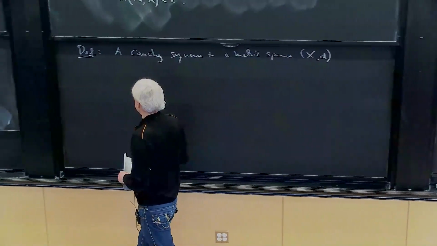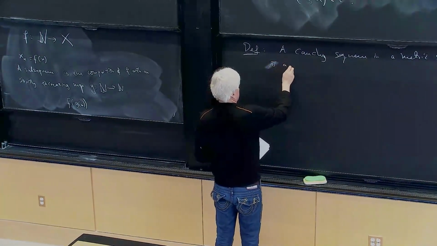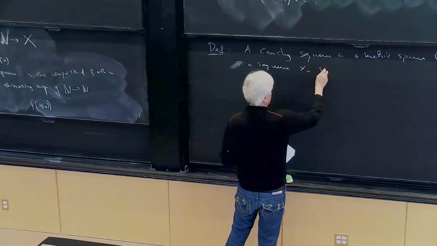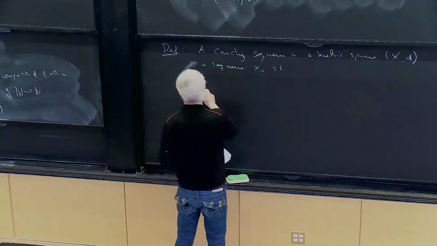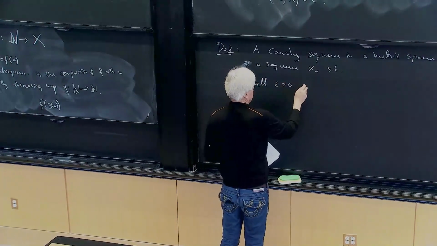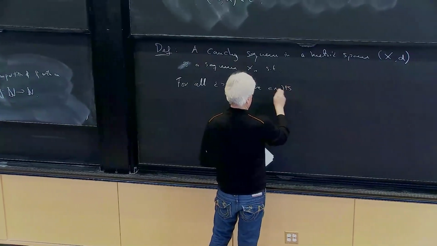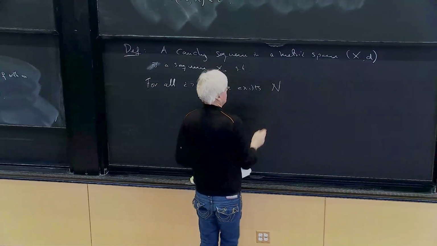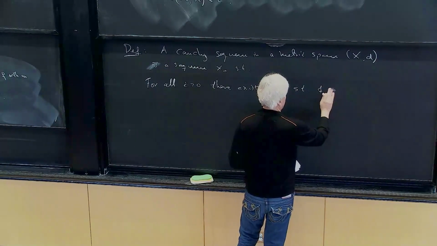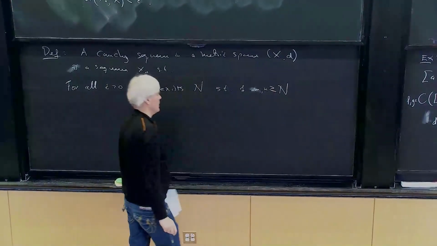So this is a sequence x_n such that for all epsilon greater than 0, there exists capital N such that if little n and m are bigger or equal to capital N, then the distance between x_n and x_m is less than epsilon.